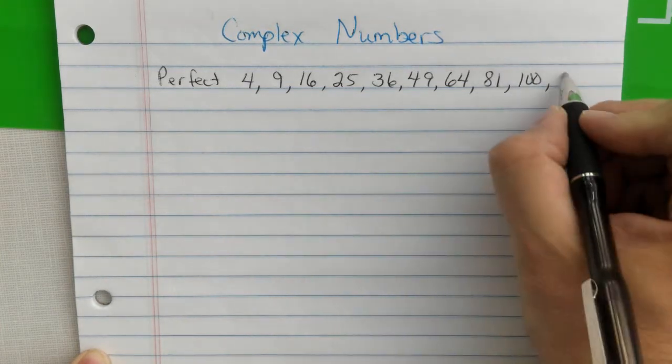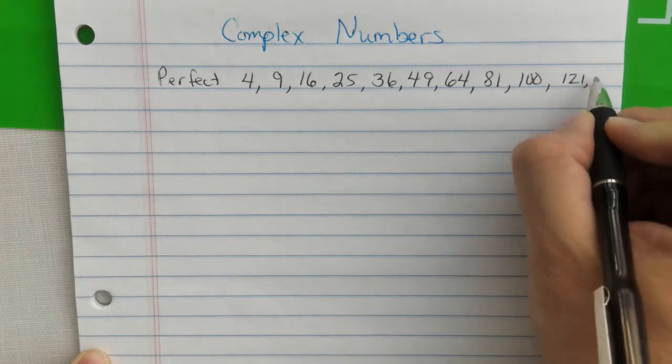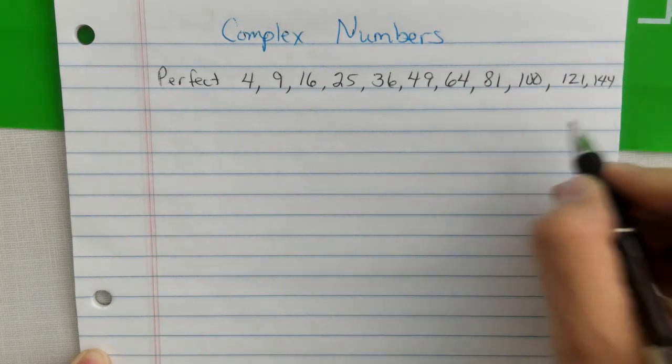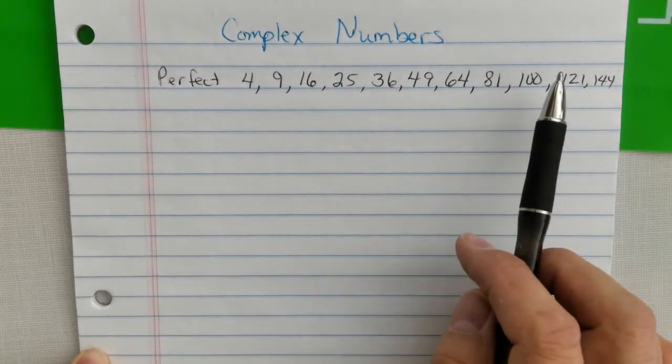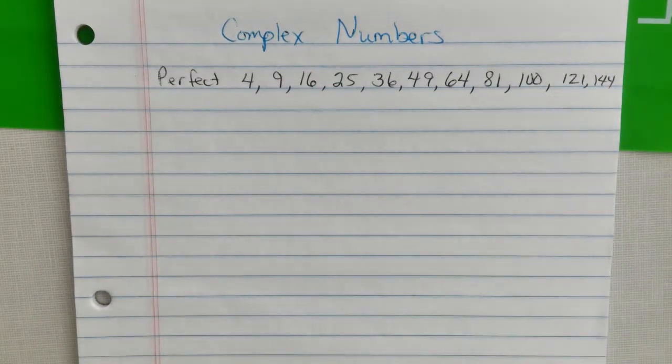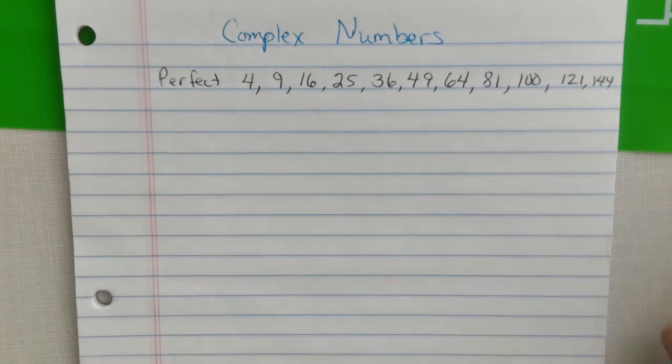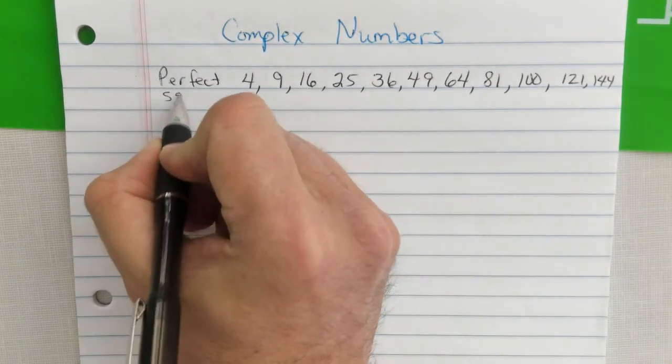It goes on and on. 11 times 11, 12 times 12. These are numbers whose square roots we know just from the multiplication tables, and they're not decimal. They're perfect squares.